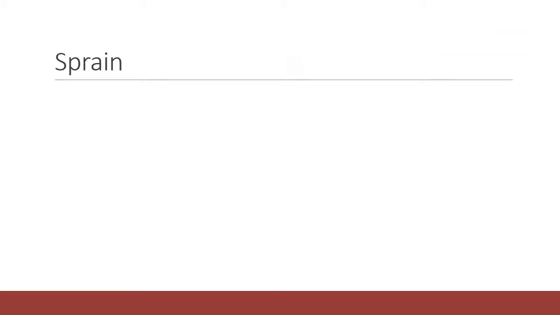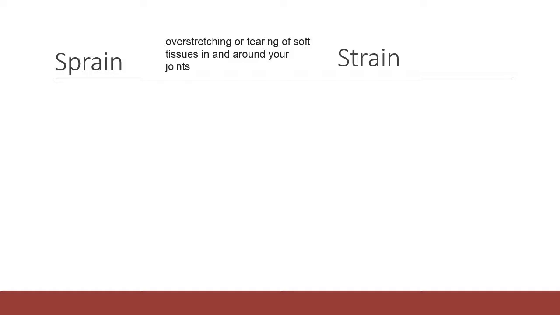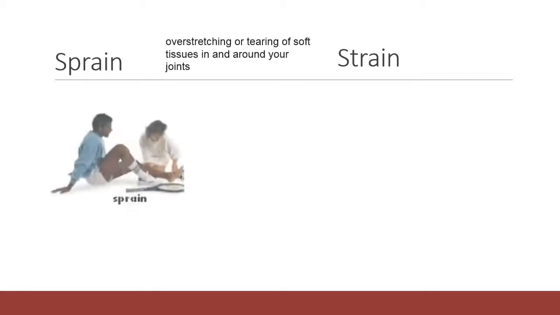The first verb we're going to check is sprain versus strain. These two verbs are most of the time associated with the overstretching or tearing of soft tissues in and around your joints. But there is a big difference between them.